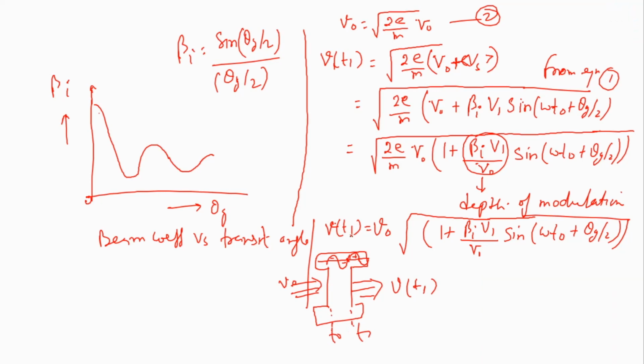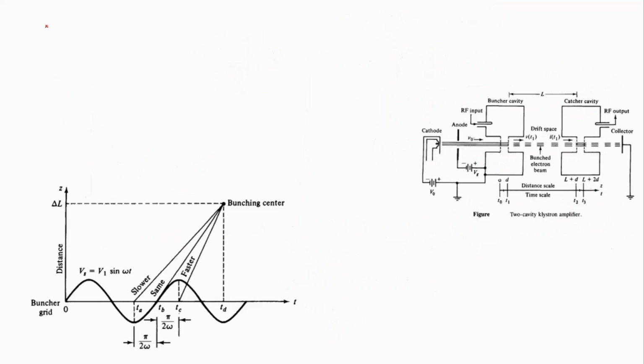Okay, so this V of T can be rewritten by removing this square root term and using the binomial expansion. We can write V of T1 is equal to V naught into 1 plus beta I V1 divided by V naught, and that should be 2, because if we remove the square root it becomes 1 plus x to the power half.